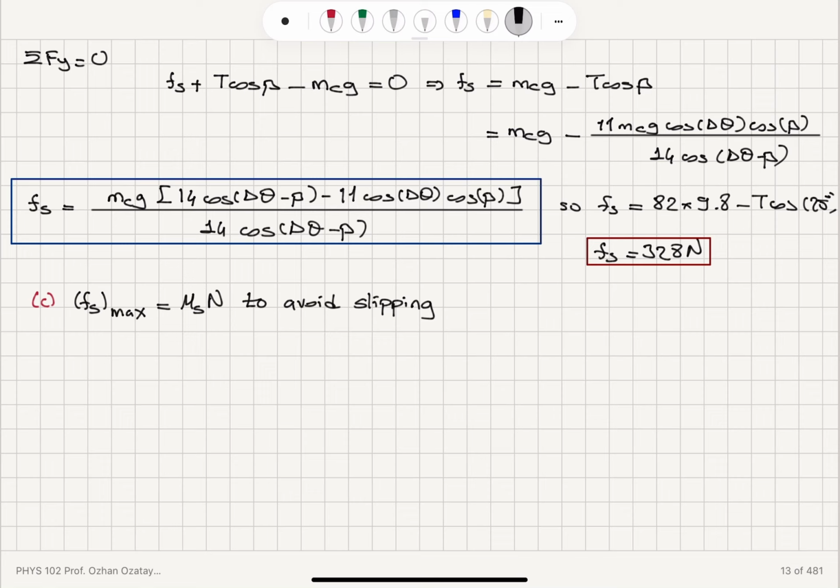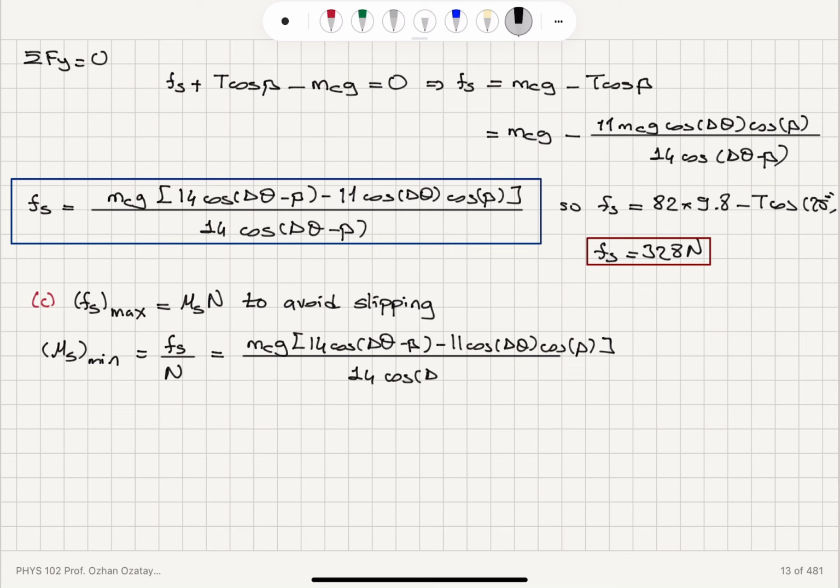So it's going to be equal to, now we have the static friction here that we have calculated, mcg parentheses 14 cosine delta theta minus beta minus 11 cosine delta theta cosine beta divided by 14 cosine delta theta minus beta, and then we have the normal force, 1 over the normal force.